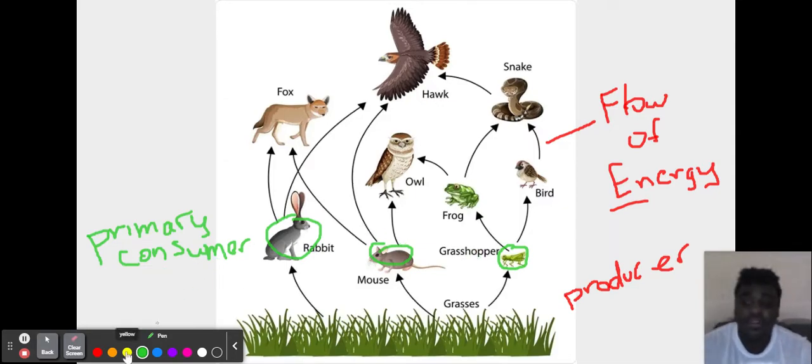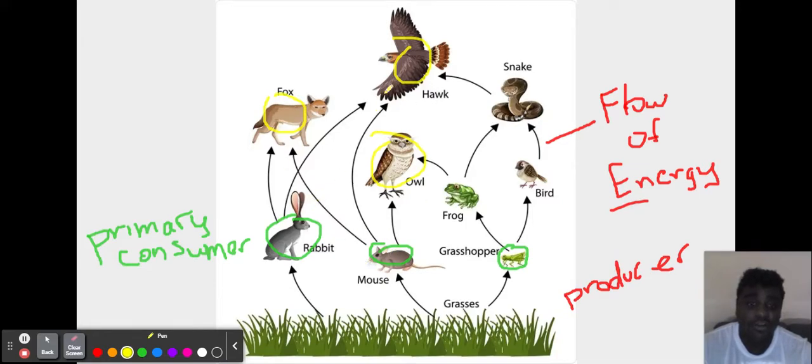Next, we're going to look at the organisms that are going to be eating these three primary consumers, and we can just look straight at where the arrow is going in order to understand that. So the rabbit has an arrow pointing to the fox. The owl has a chain with the mouse, which is also pointing to the fox and the hawk.